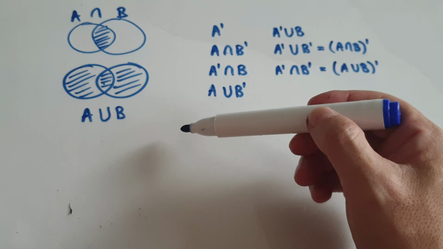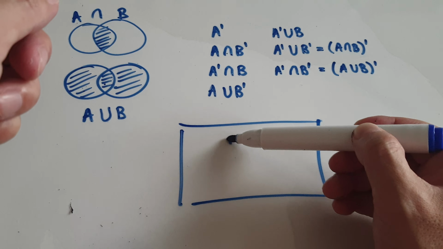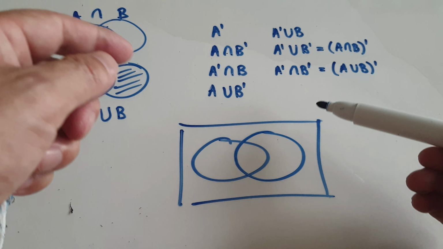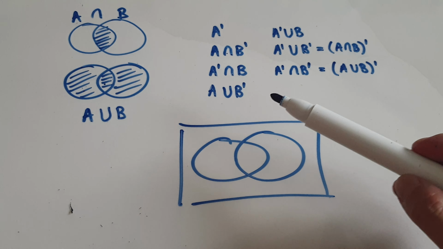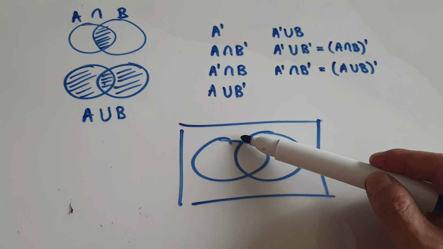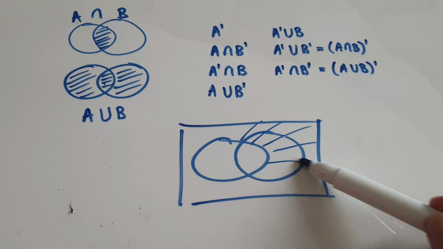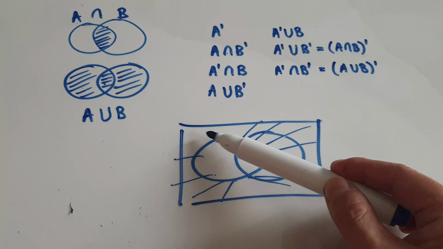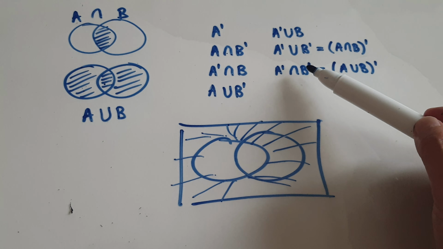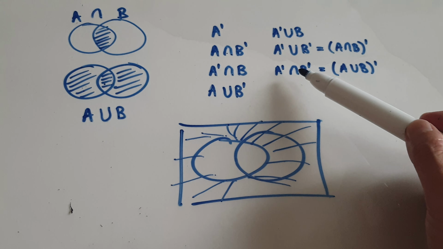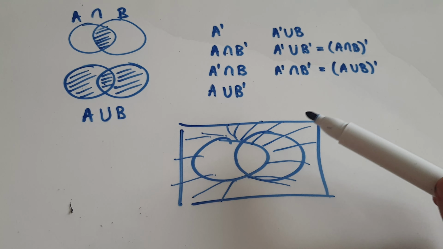So the last one, two sets, not A and not B, and the intersection of the two. So not A would be everything on the outside of A and outside of B. So you're looking for the intersection of the two.